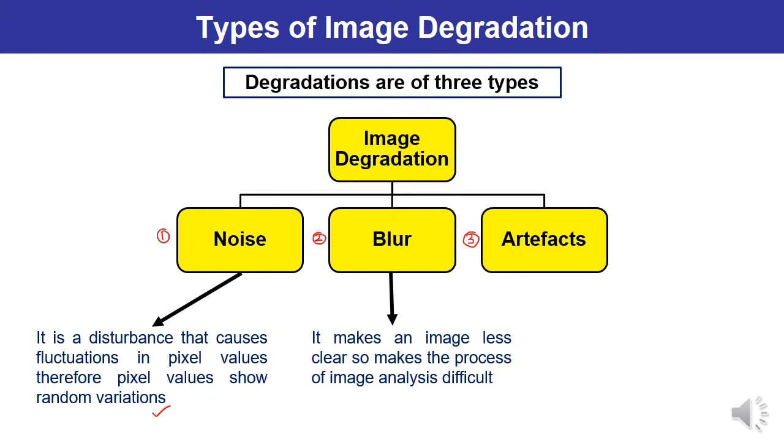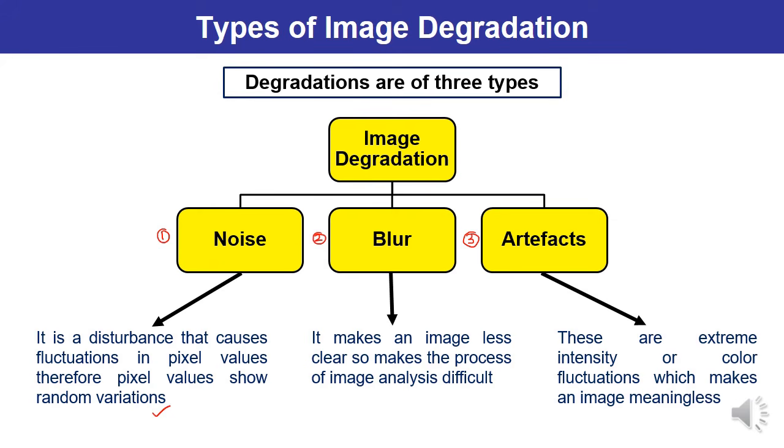Some of the common blurs are Gaussian blur and motion blur. You must have heard both of these terms, and motion blur is very common. Motion blur occurs because of the movement of the object or camera during the image acquisition process. If you are clicking a photograph and the object or the camera position is changed, it will degrade the image quality. That is the blur.